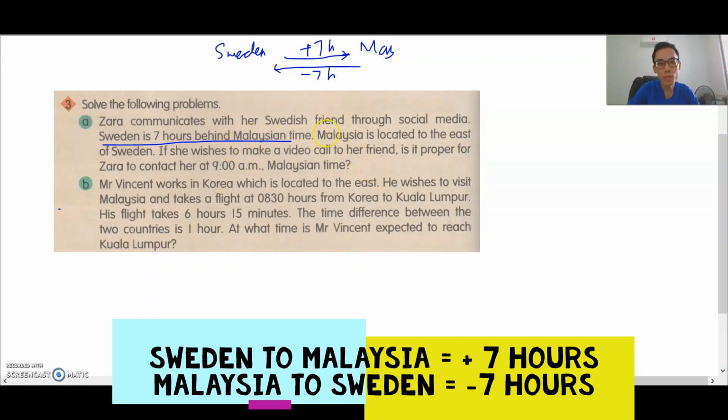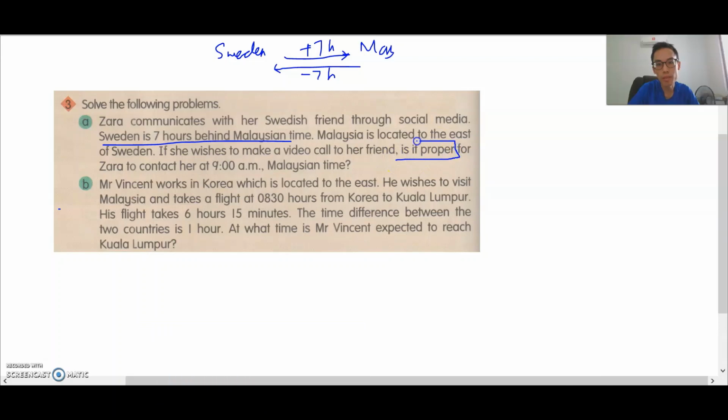So if she wishes to make a video call to her friend, is it proper? Sesuai ke tidak? Is it proper for Zara to contact her at 9 a.m. Malaysian time? So now we have the time at 9 a.m. This is Malaysian time. Okay, so we want to find Swedish time. So Malaysian time, looking for Swedish time, we minus 7 hours.